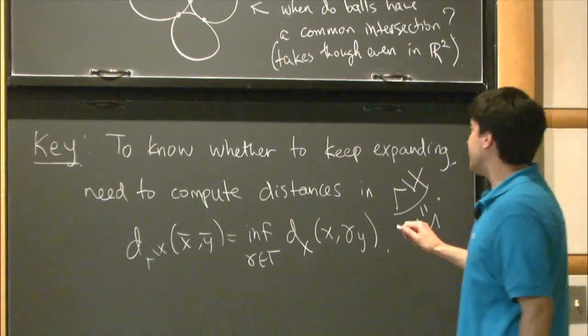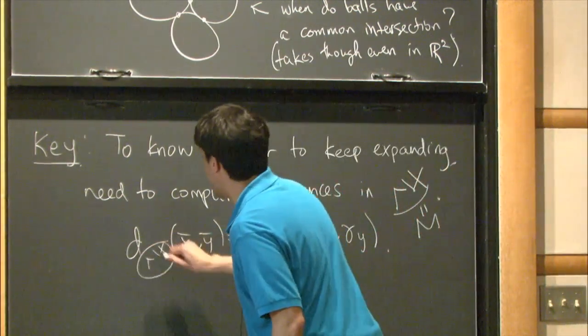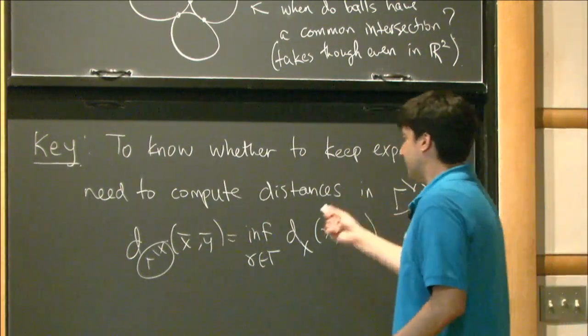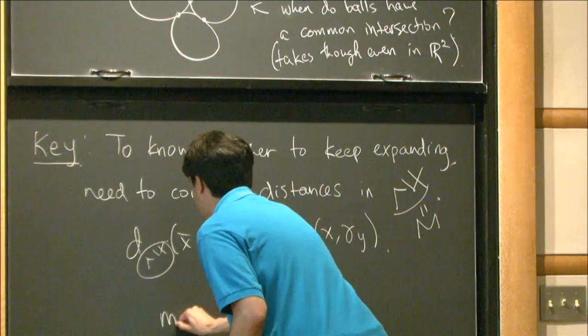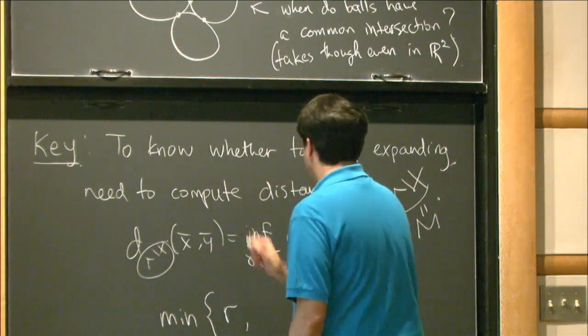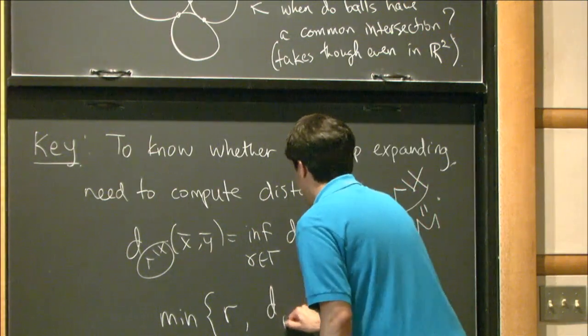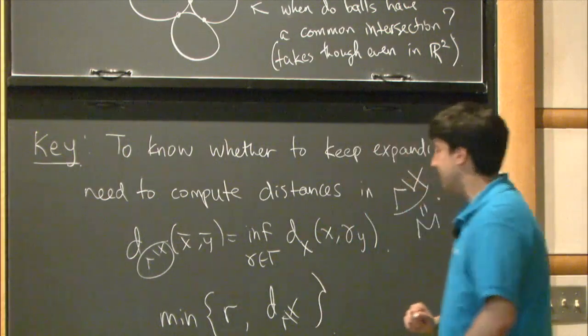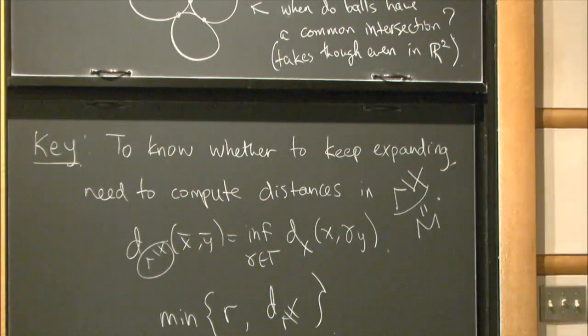So you need to be able to compute distances in the quotient, or to determine whether two balls intersect. It turns out you only need to compute the minimum of r and the distance in the quotient in order to determine whether two balls of radius r intersect each other.